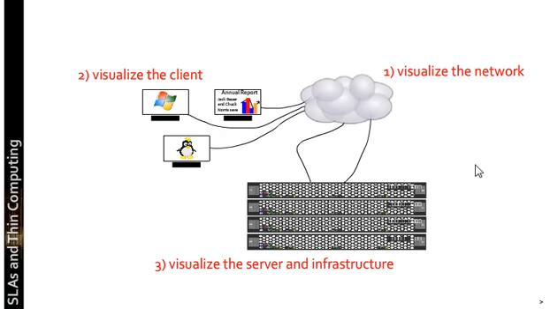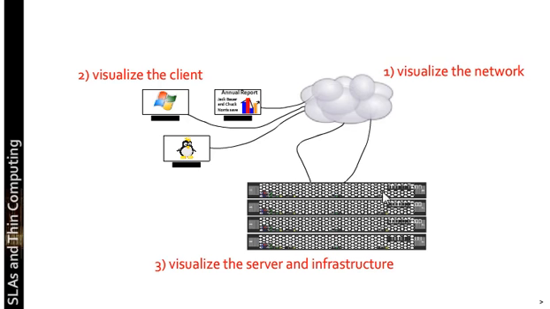So one of the important things that we have to realize about managing SLAs in a thin computing environment is we have to be able to visualize the environment. We don't talk here in this presentation about an enterprise management framework, but an enterprise management framework is absolutely critical to understanding SLAs.